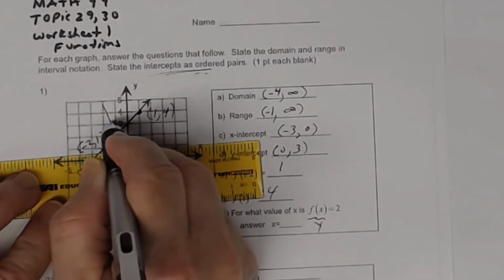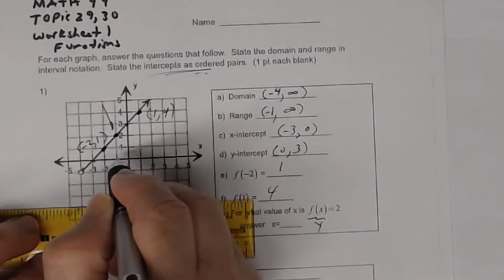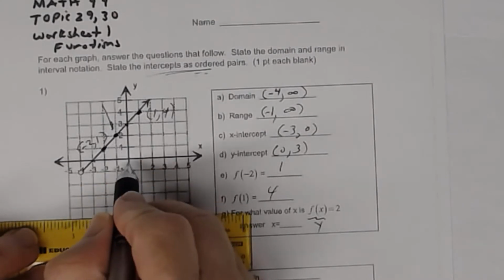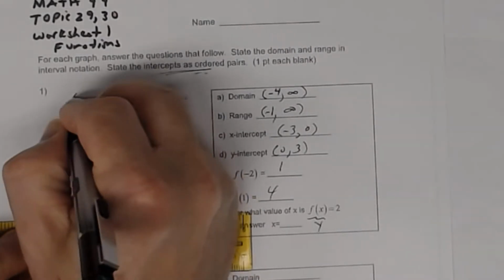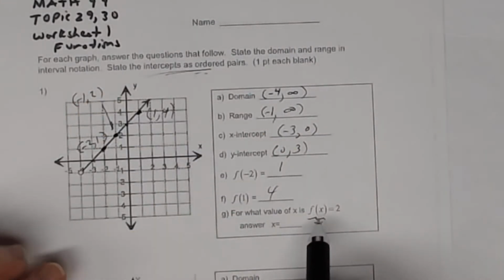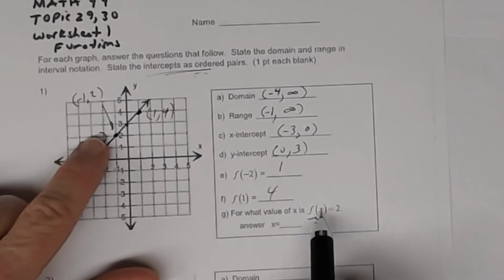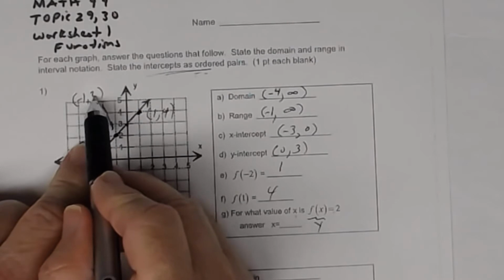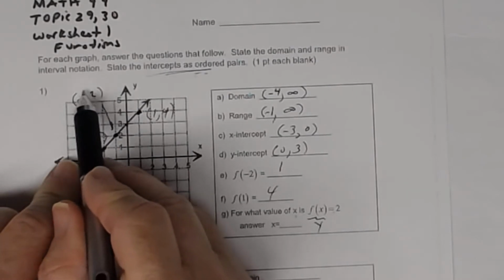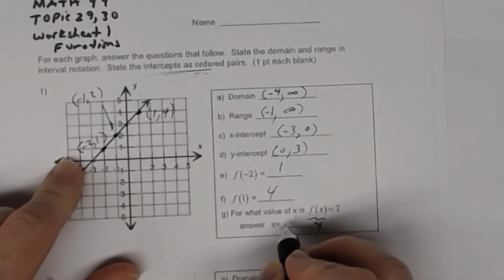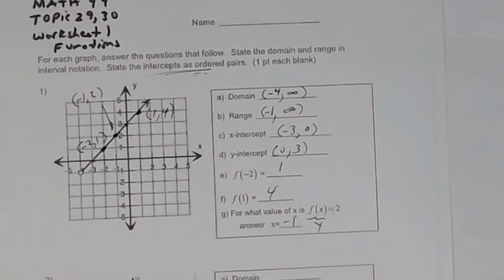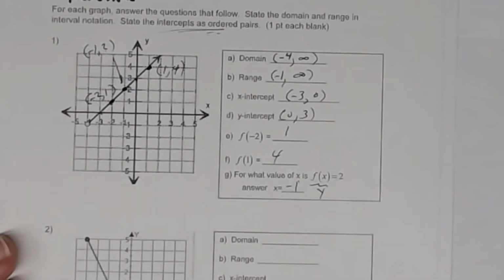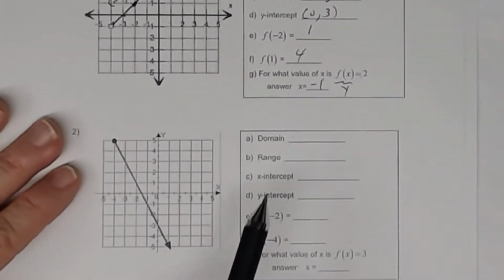We label that point -1, 2. Now when y is 2, what's that x value? That x value is -1. And that's how you do that. It's not difficult at all, it really isn't.